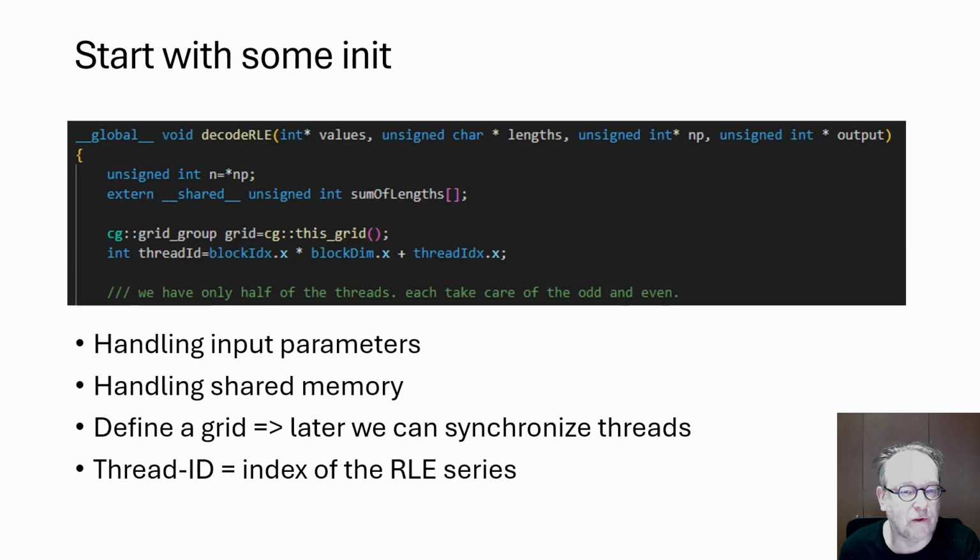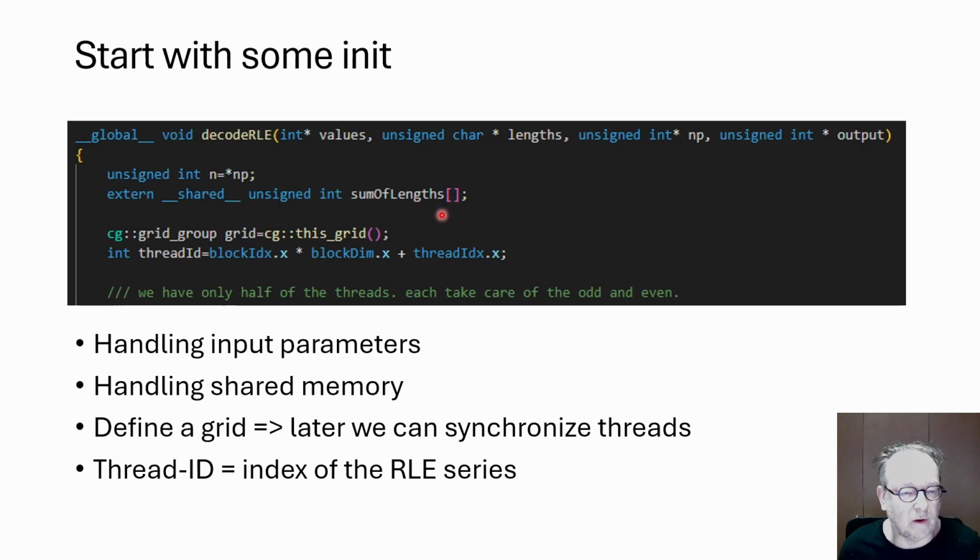The start of the function is doing some initialization. We first read the length of the compressed data, and then we define a variable that points to the shared memory. So what you can see here is that the shared memory, you don't need to allocate it yourself, but it's actually done by launching the GPU threads and passing that parameter. And that prefix here makes sure that this array is actually using the memory of the shared memory that was created.